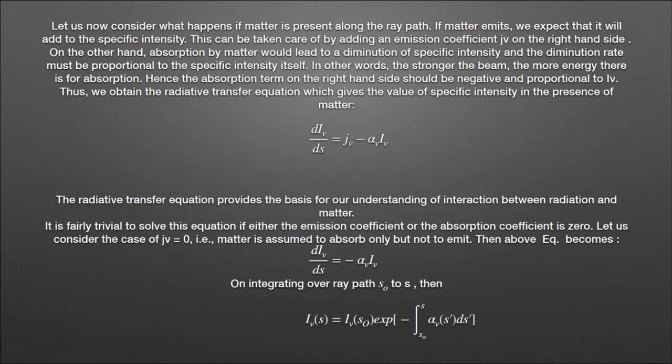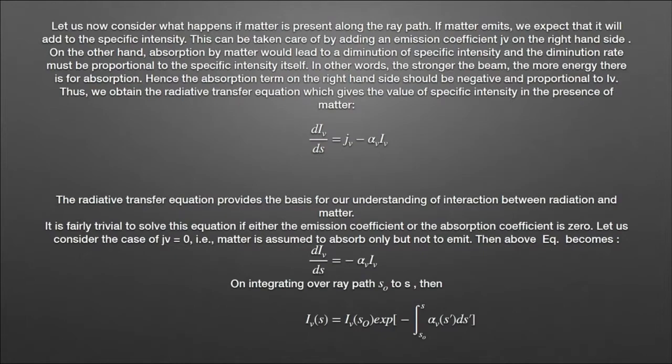Let us now consider the case where the matter does not emit radiation, that is jν is equal to 0. Then the above equation becomes dIν/ds = minus αν Iν. When we integrate this over a path from s0 to s, we get Iν(s) is equal to Iν(s0) times exponential of minus the integral of αν(s') ds'. Now we'll discuss more general solutions of the radiative transfer equation.